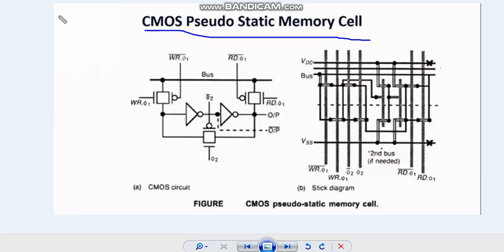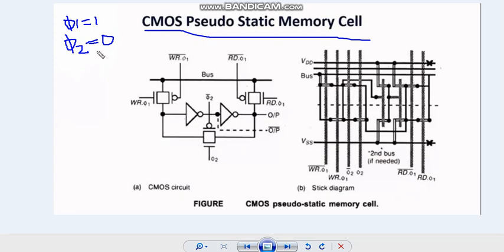Already we know the clock signal, we can say a control signal. Phi 1 for a read or a write operation must be 1 here, right? And phi 2 should be 0 when we are doing read and write operations.